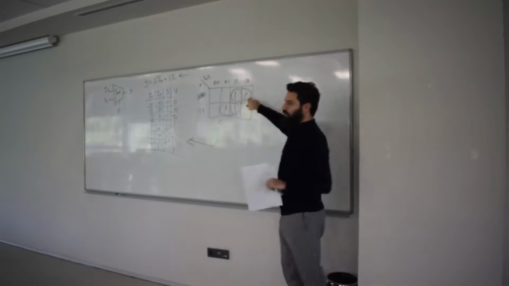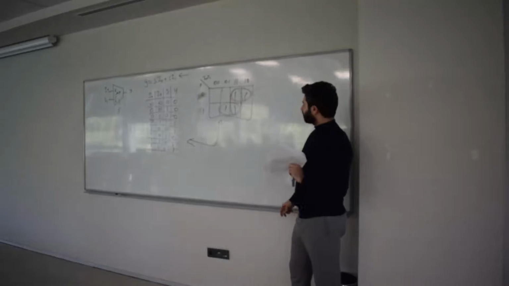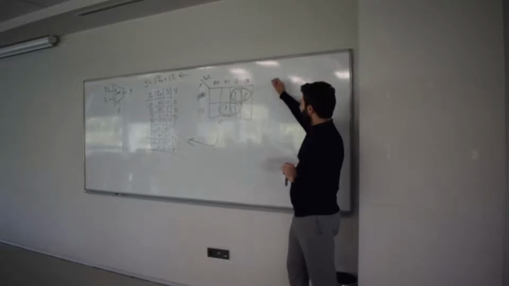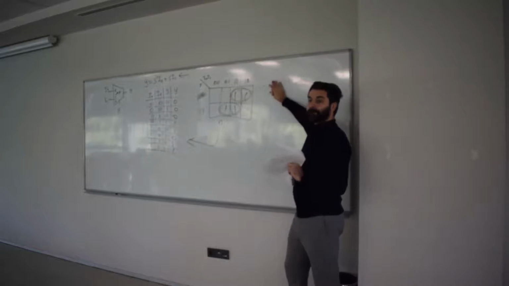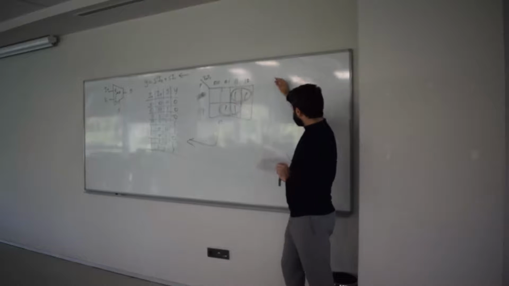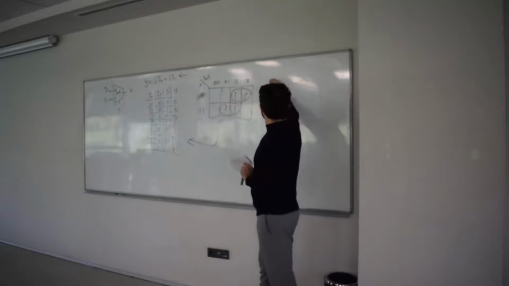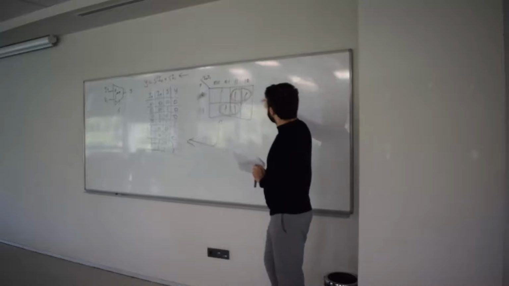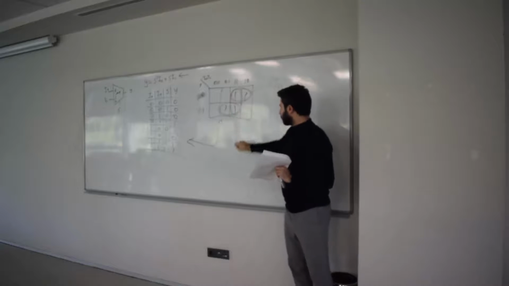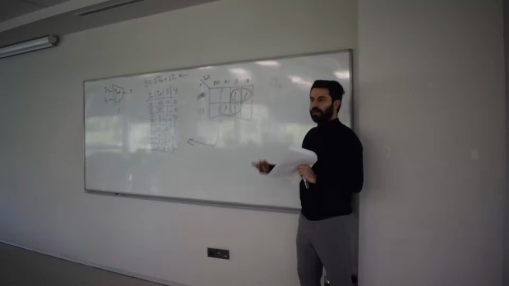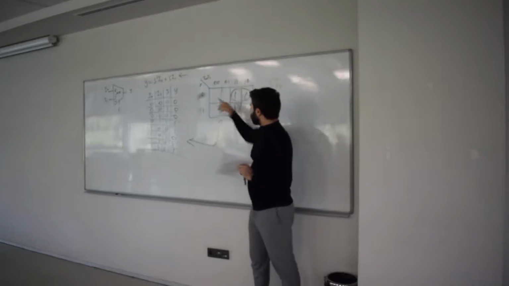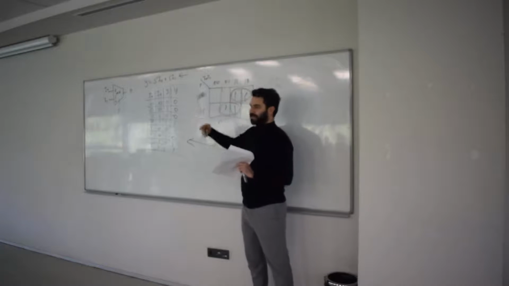What's the Boolean expression that corresponds to this one? Can you tell? I0. Yes? S prime. S prime, right. S prime I0. How about this one? Remember, you look at the row. Row is S equals 1, so it doesn't go away.